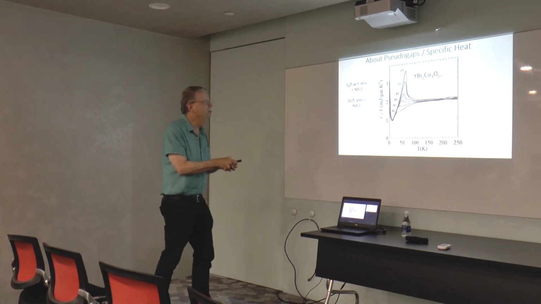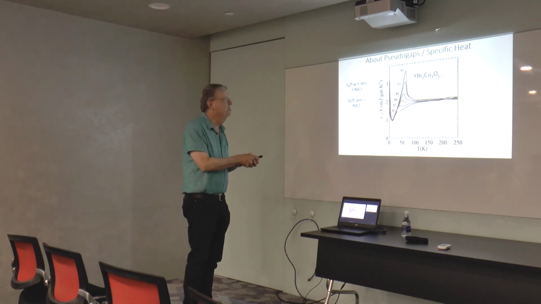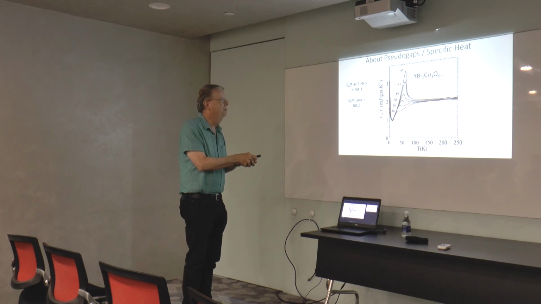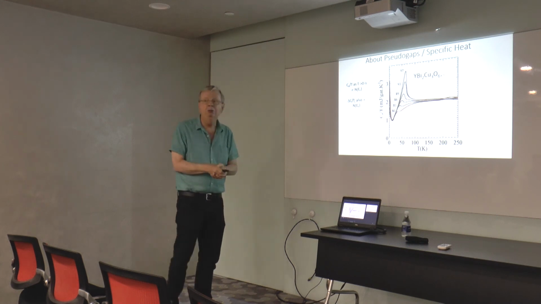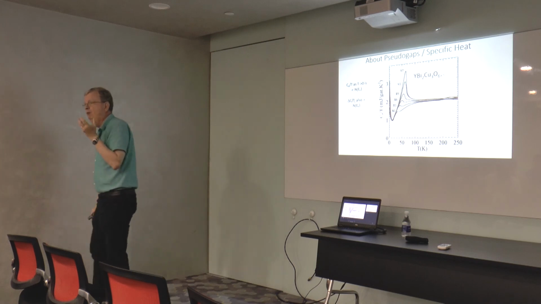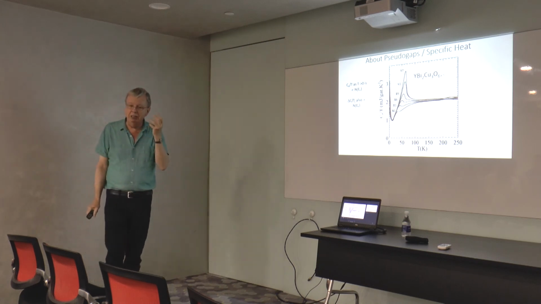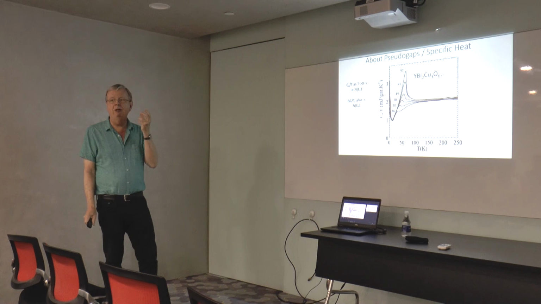Which you see, as you get above Tc, for instance at the 0.8 composition, is that the extrapolated C over T at T equals 0 is reduced by 50%. So the density of states at the Fermi energy is down by 50%.